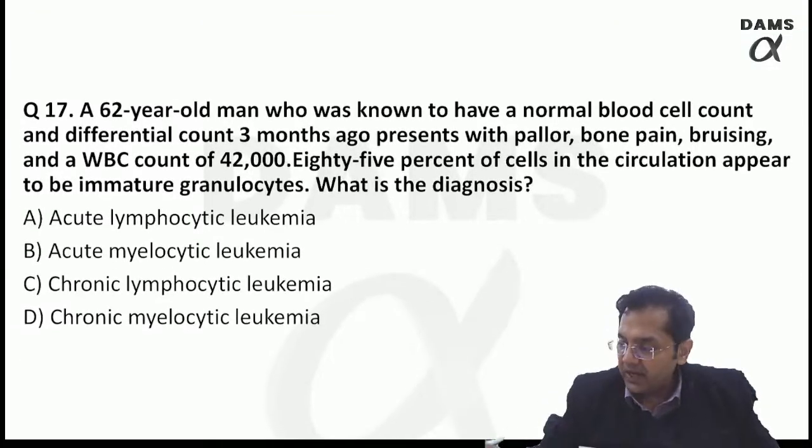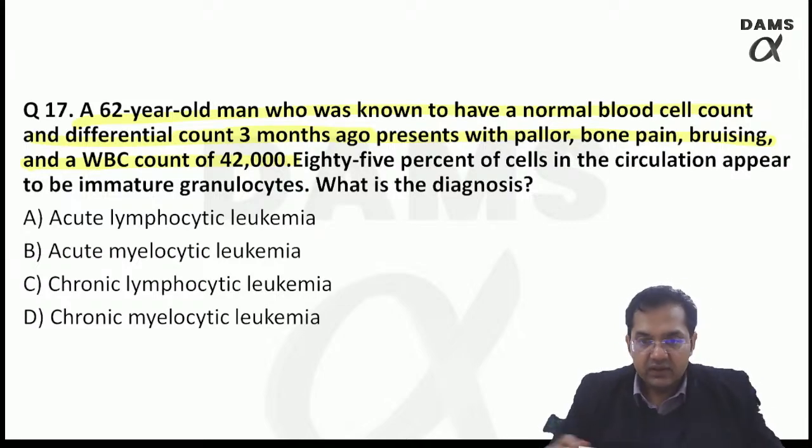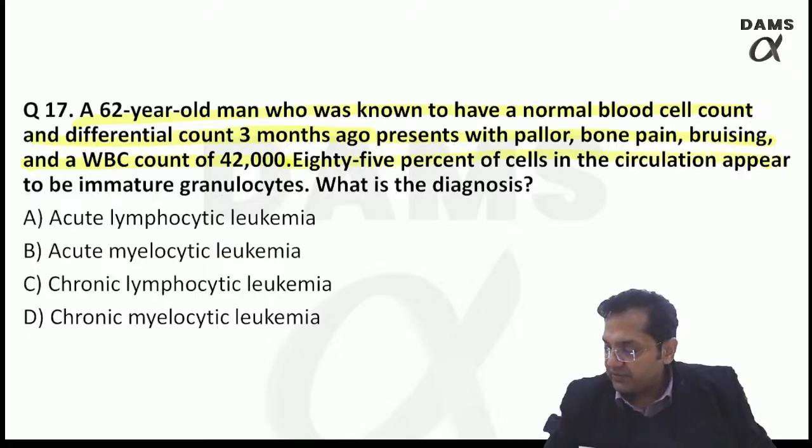A 62-year-old man who is known to have a normal blood count. This is a very interesting question. Just see, normal blood count, differential count done only 3 months ago. He presents with pallor, bone pain, bruising, WBC count of 42,000. 85% of the cells in circulation appear to be immature granulocytes.